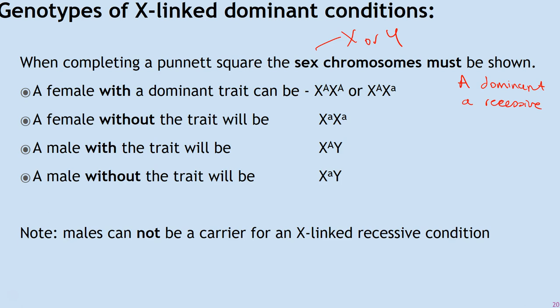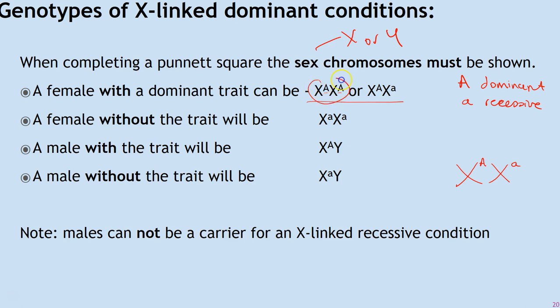Well, actually 3. 2 for not showing the recessive trait, so we can have a homozygous dominant. You will notice in this case we need to show the sex chromosome, and then the dominant allele is shown as a superscript. Okay, or the recessive allele is shown as a superscript with the smaller lowercase here.